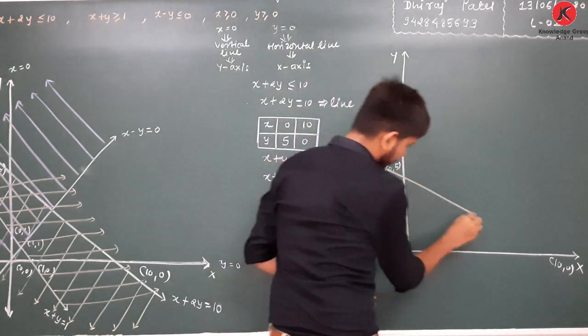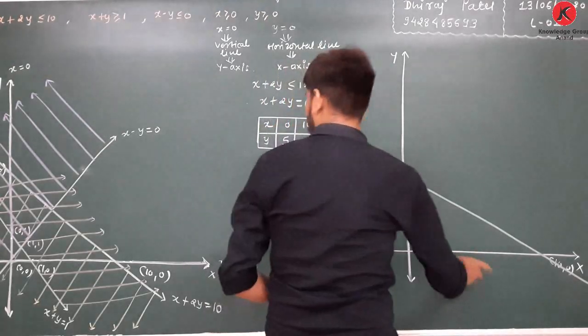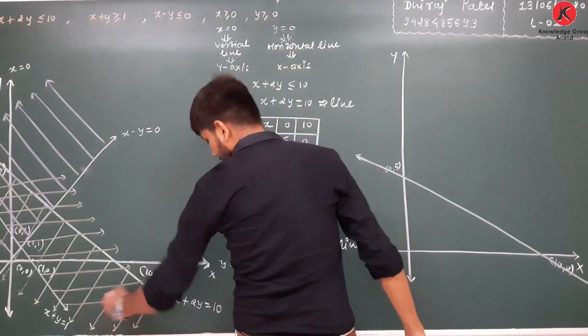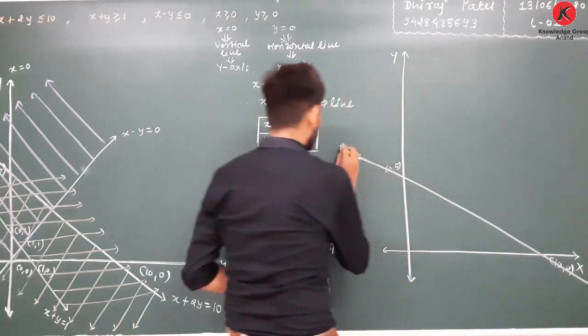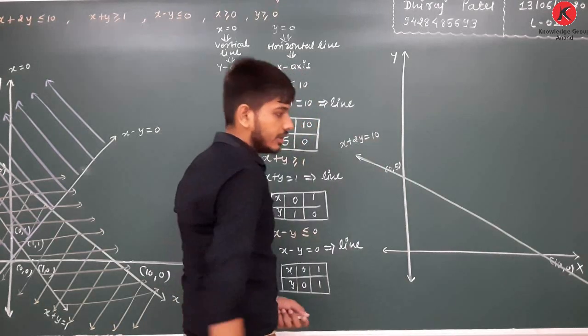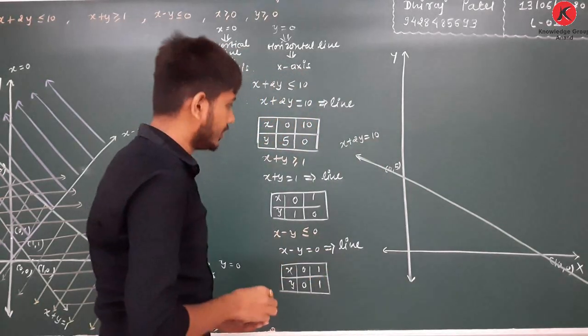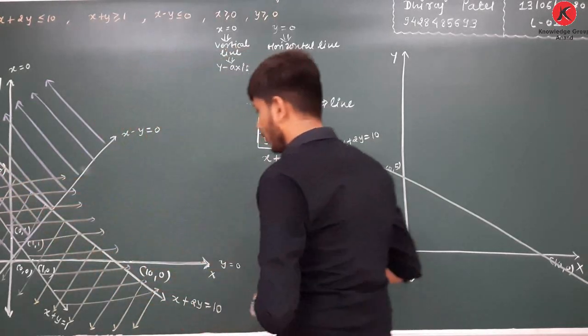We get this line, okay. Name of this line is x plus 2y equals to 10. Next line, we only have to decide this portion; first draw all the lines.